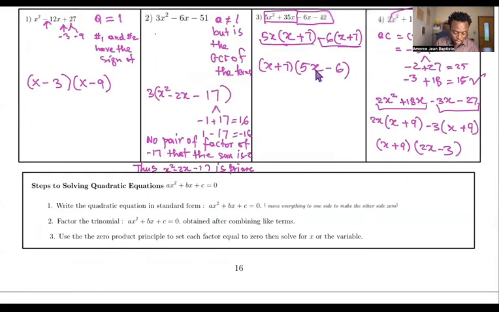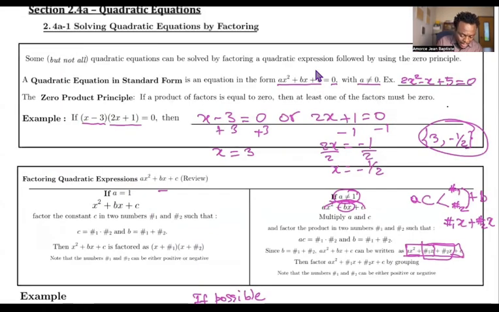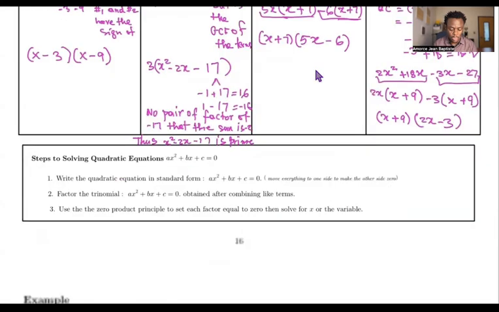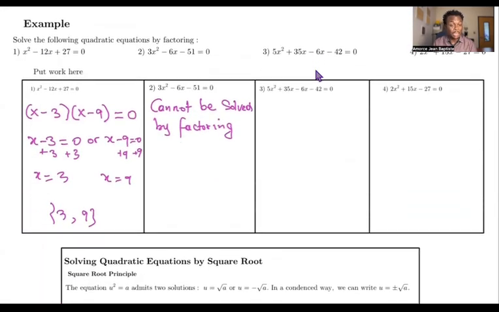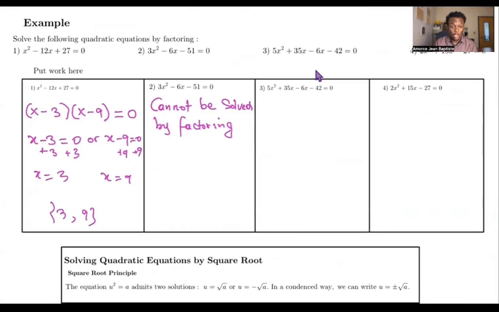So that's why when we were talking earlier, we said not all equations can be factored. Quadratic equations can be solved by factoring, but this one cannot be solved by factoring. That does not mean it has no solution.